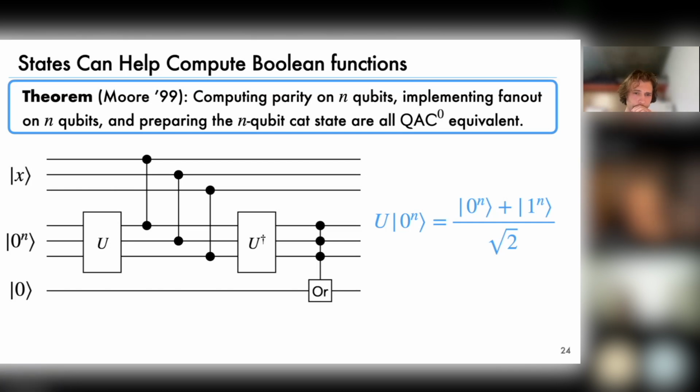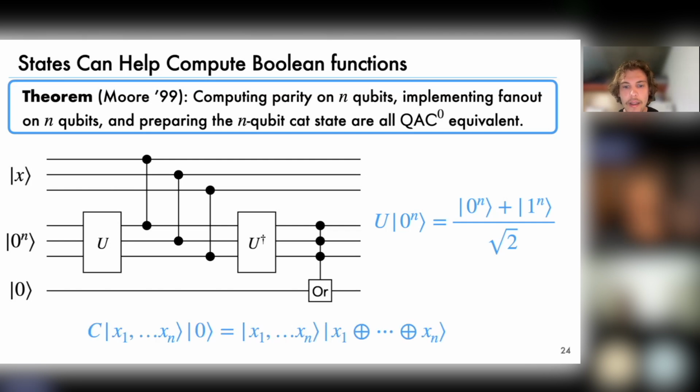I'm not going to go through a proof of why this works. This is what the circuit does: it computes the parity of these n input qubits.